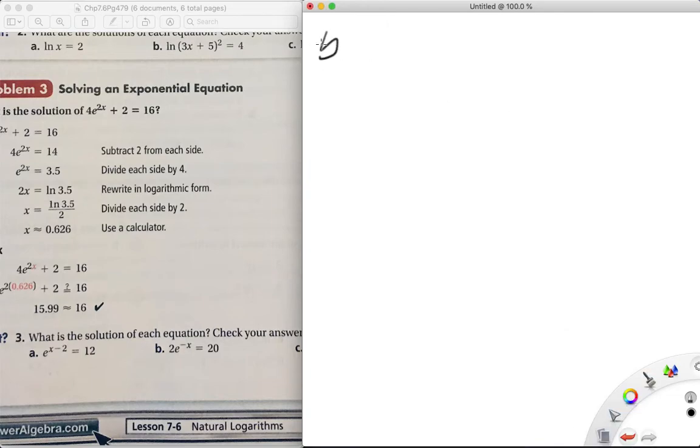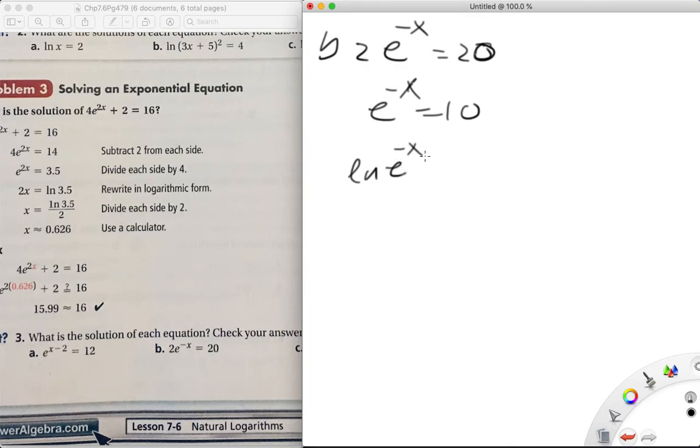for b, I have 20 e to the negative x equals 20. Divide both sides by 2. I have e to the negative x equals 10. Then I can take ln of both sides. ln of e to the negative x equals ln of 10. That goes, and I have negative x is equal to ln of 10.